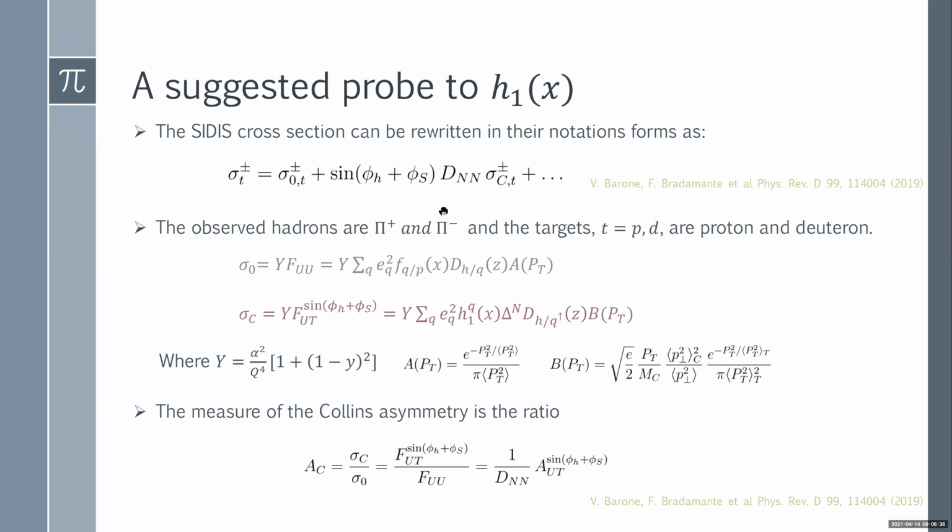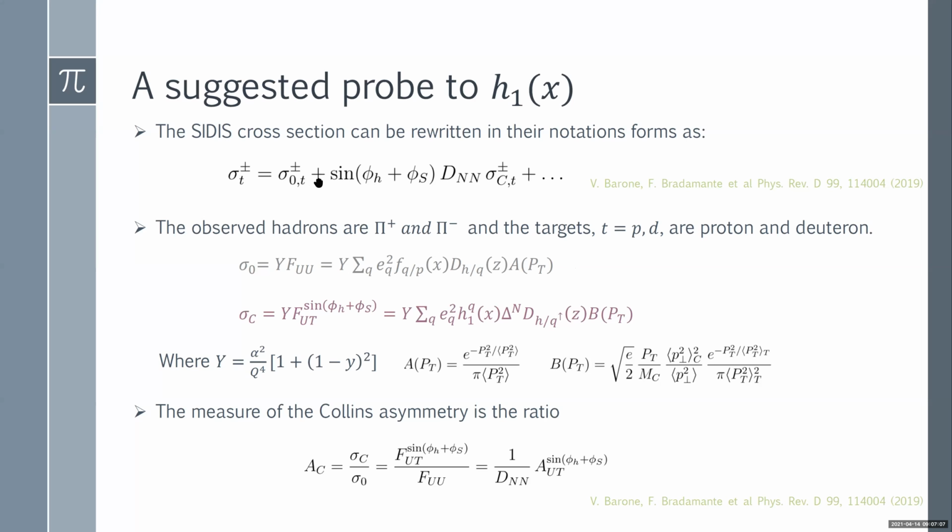In this reference, they studied this and suggested a probe to h1 in the SIDIS process itself, and they gave the cross section in this notation, where plus and minus represent the observed pi plus and pi minus in the final state, and T represents the target, here the proton and the neutron.